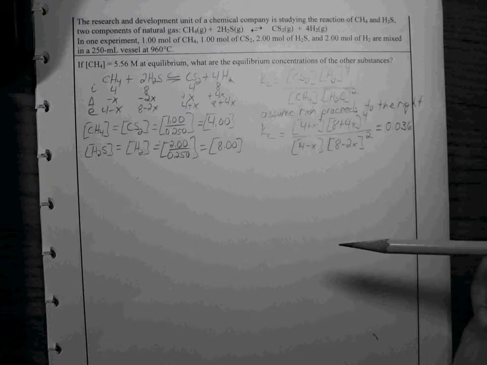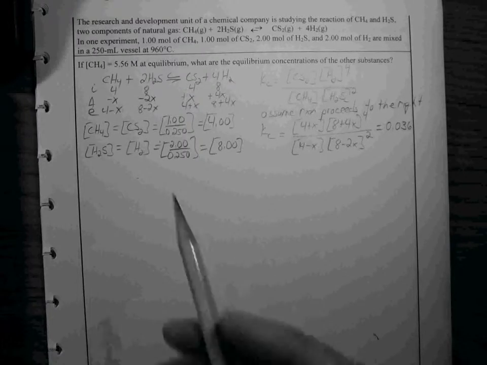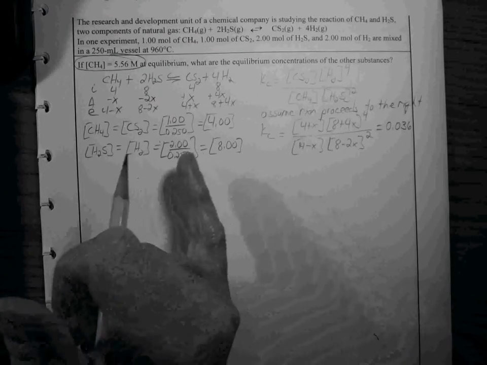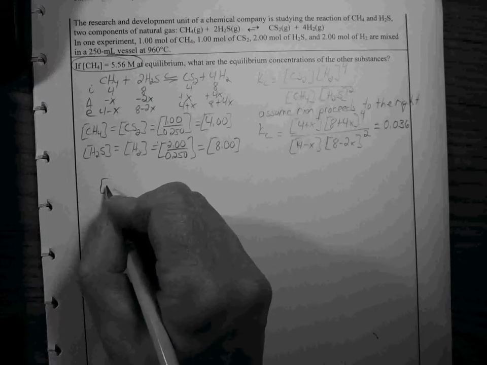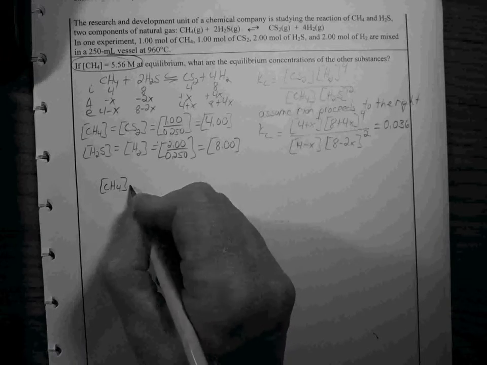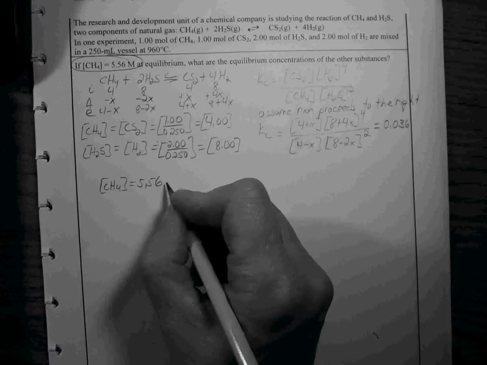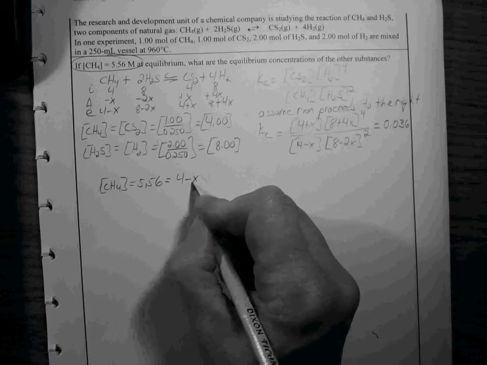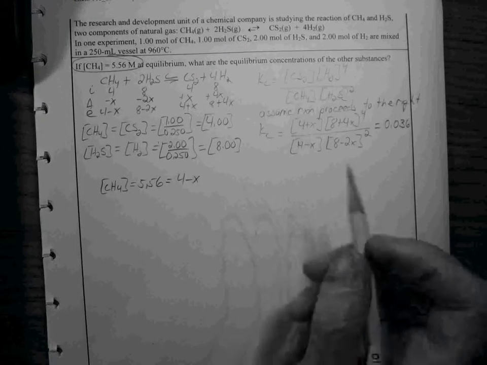We could solve this if we had several days to work out the algebra. Fortunately, we're given some information here so we can generate a value of X. We know that the equilibrium concentration of CH4 is 5.56. And since in our equation it's equal to 4 minus X, we can calculate our value of X.